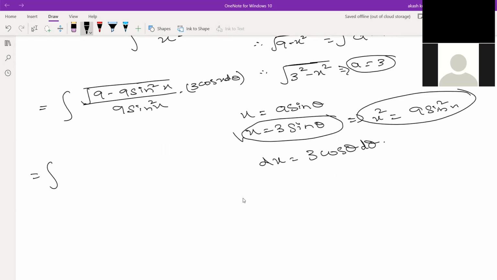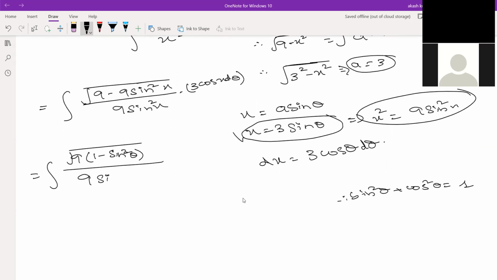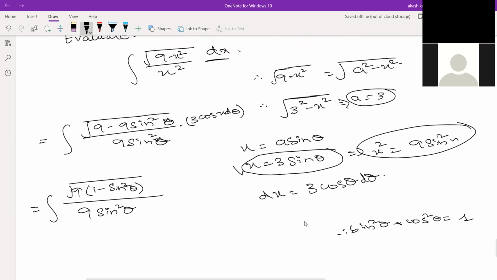So can I take 9 common from the numerator? And we know that 1 minus sine square theta is equal to cos square theta. It's not x anymore. It's in terms of theta now.